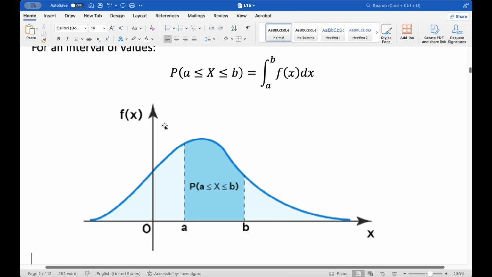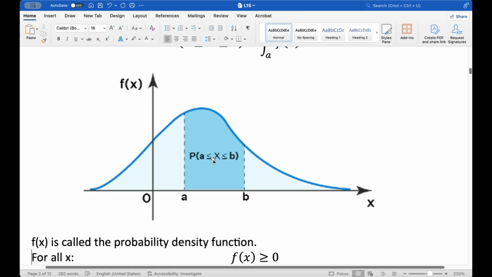We'd need to have a positive width here to go with this height in order to get a positive area out. So the probability of any one value is assigned to be 0.